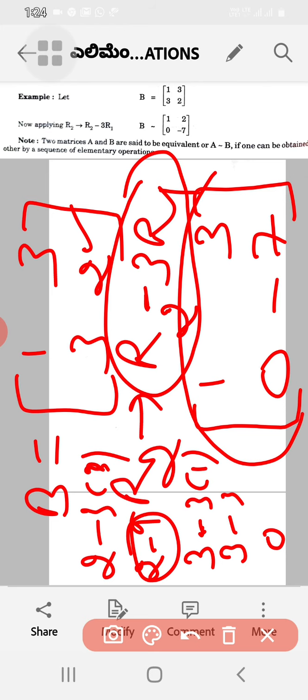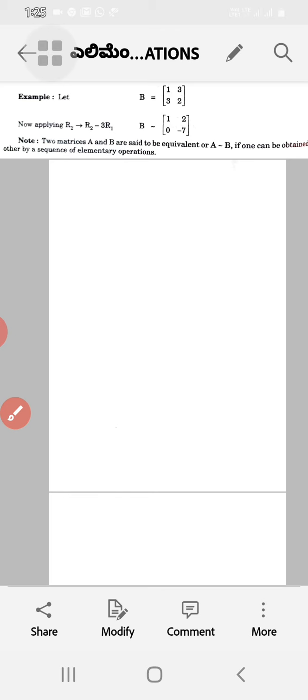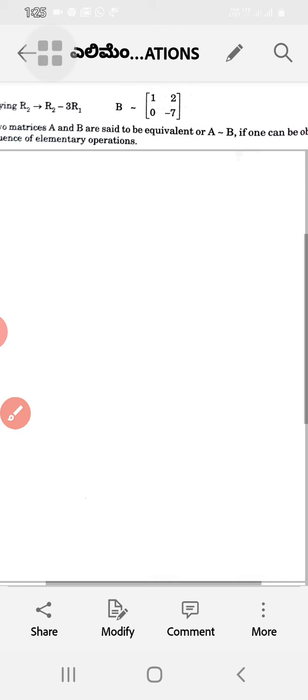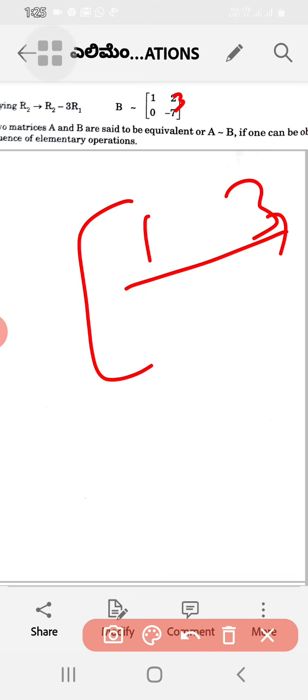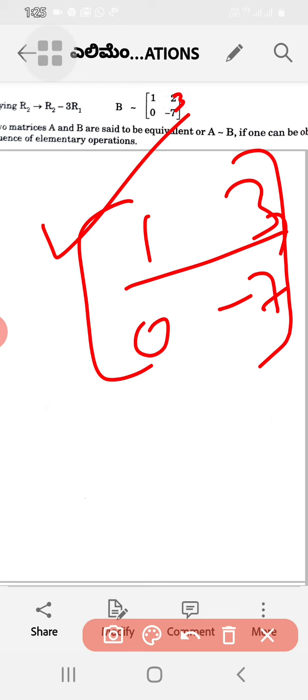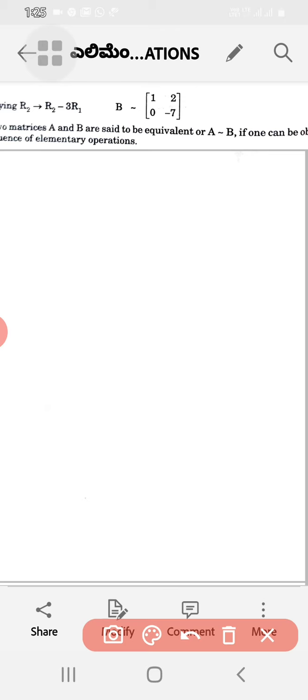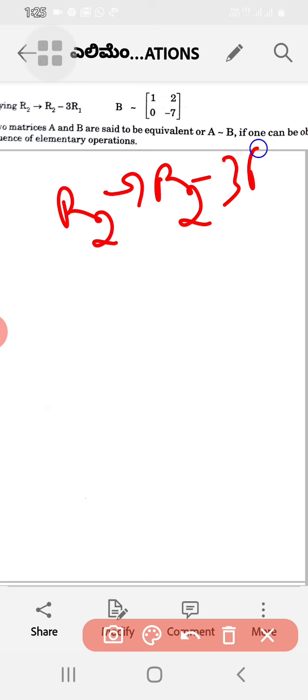So 1 3, 0 minus 7. This is the matrix here. The first row does not change. 1 3, 0 minus 7. So it is the matrix obtained by simplifying R2 minus 3R1. Okay, so let me show here. R2 changes to R2 minus 3R1. How did we get this 0 minus 7?